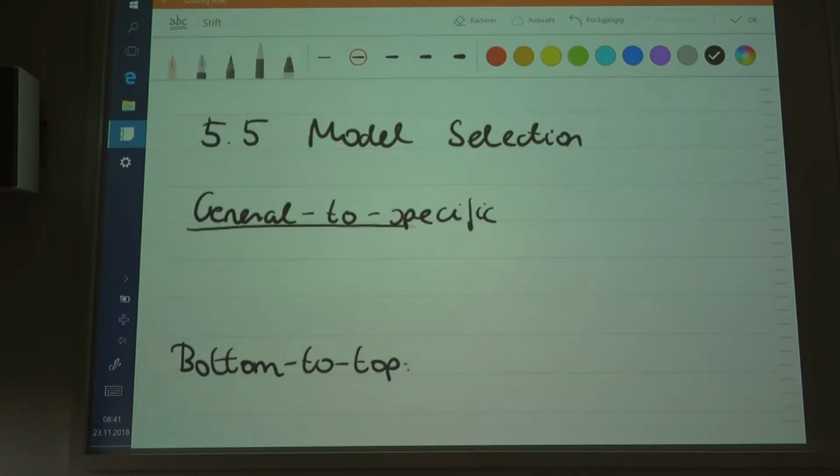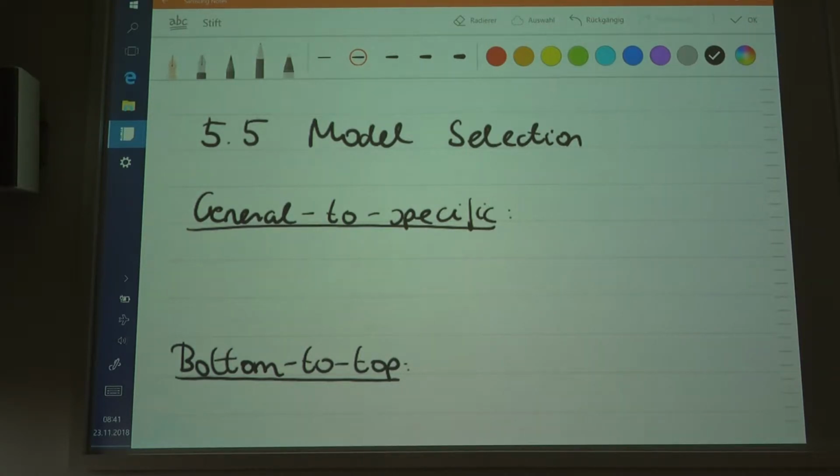And according to this, so basically, this is quite obvious. In the general to specific approach, you use a relatively large model first, and then you throw out the variables which are not significant. That's basically it.